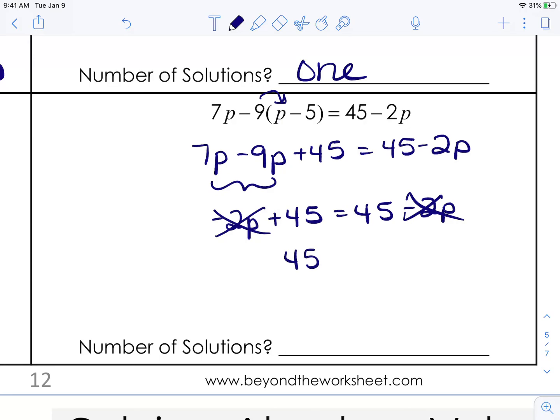I'm left with 45 being equal to 45, which is true. So there are an infinite number of solutions to this equation. And that means any number that you substitute for p will result in a true statement. So whether you substitute negative 1, 500, 3/4, any number you substitute will make this a true statement. So that is how you identify the number of solutions to equations.